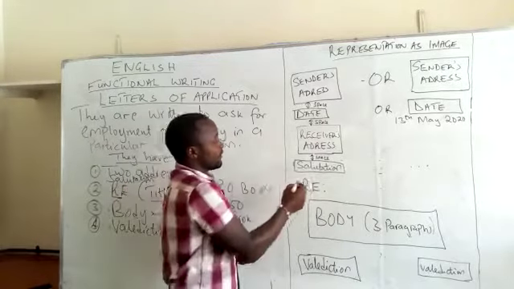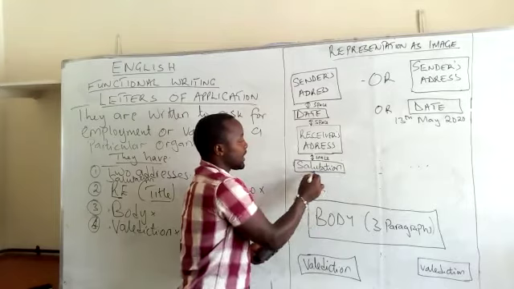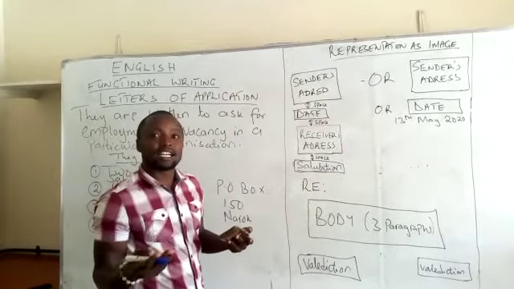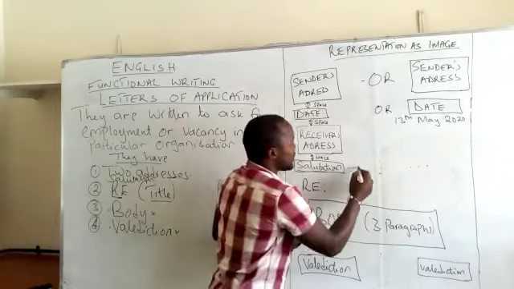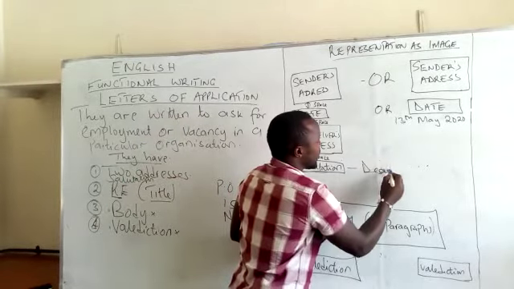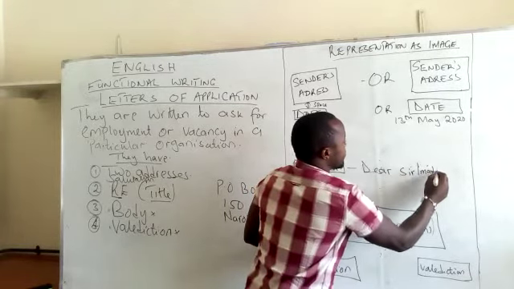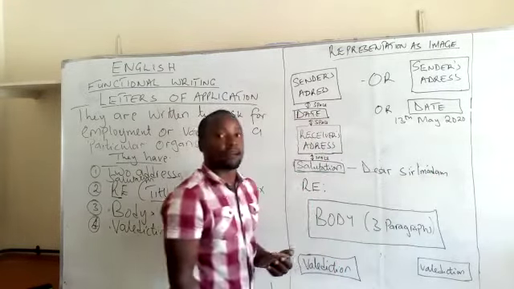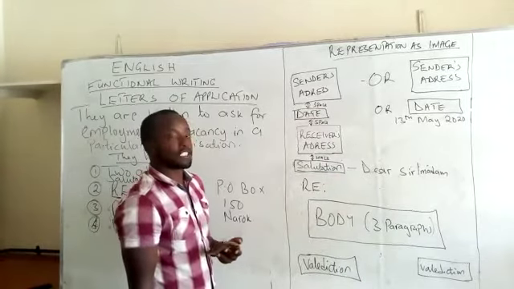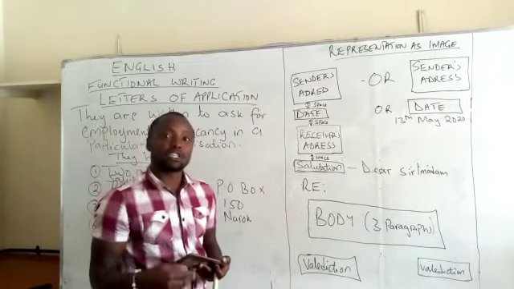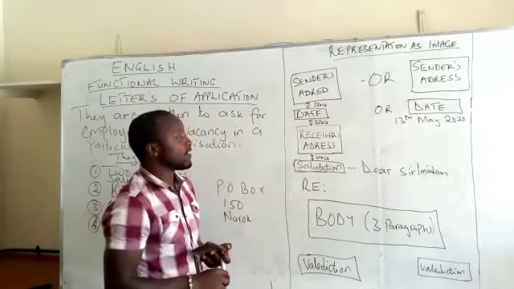Then after that, we have the salutation as the next item. And the salutation is just a greeting phrase. And mostly it is dear sir or madam, dear sir stroke madam. That is the best way of writing salutation. However, in some situations, you might know the receiver's name, and therefore you write their name.